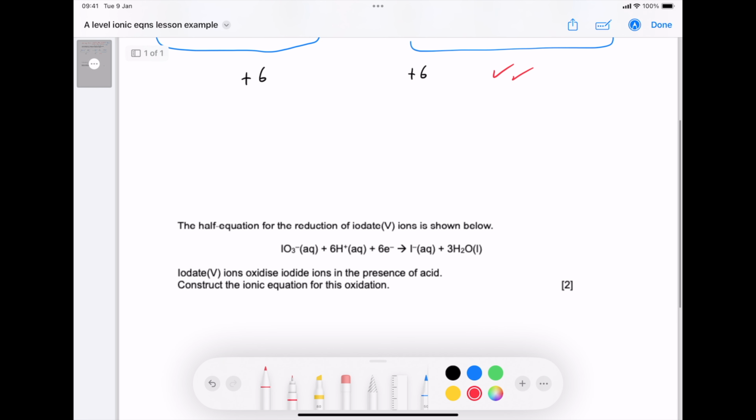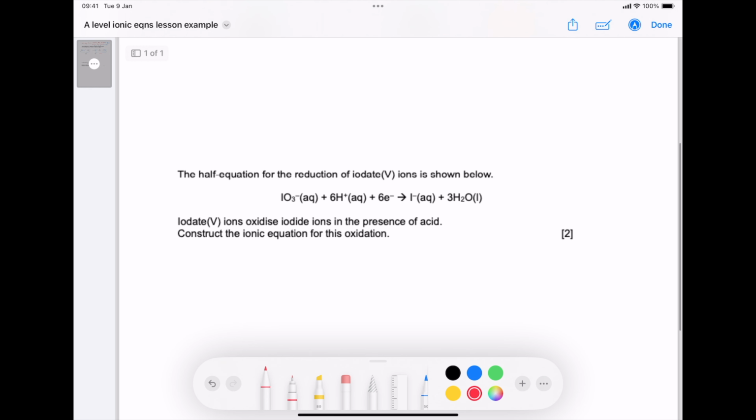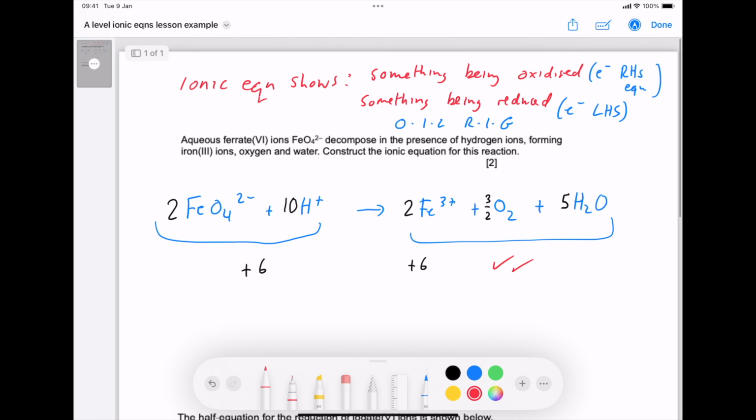The half equation for the reduction of iodate 5 ions is shown below. Iodate 5 ions oxidize iodide ions in the presence of acid. Construct the ionic equation for this oxidation. Before I can actually construct the ionic equation for this reaction, I need to construct another half equation. So let's go back to what I said at the top.